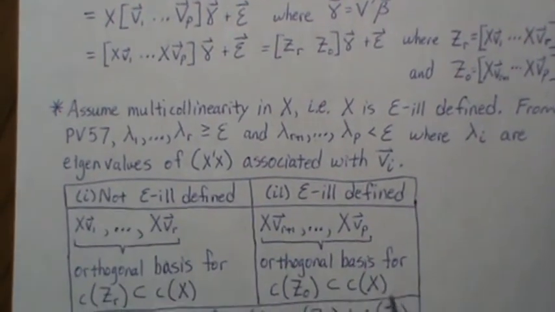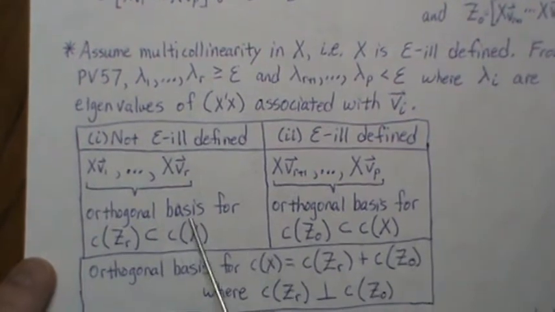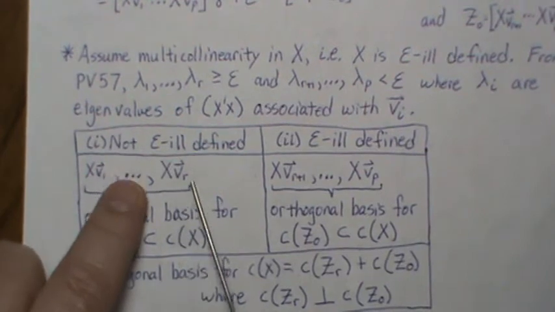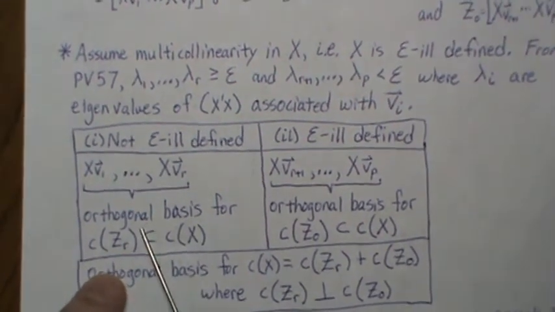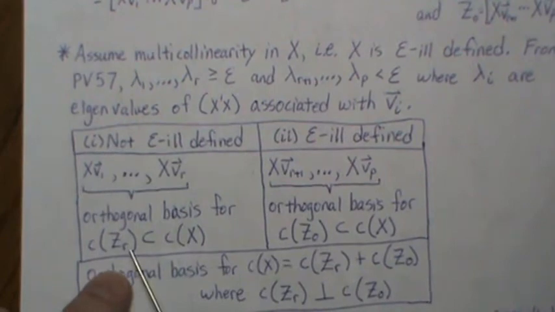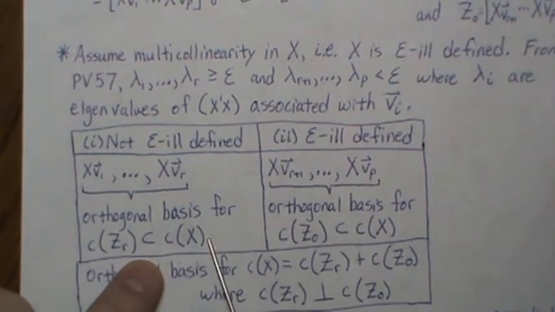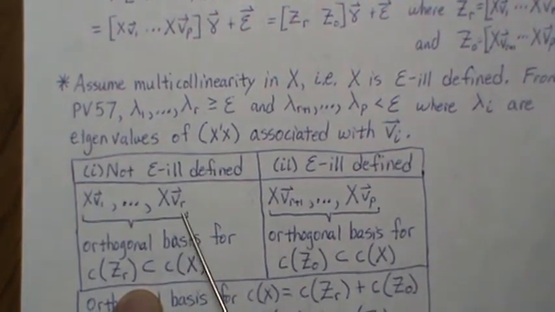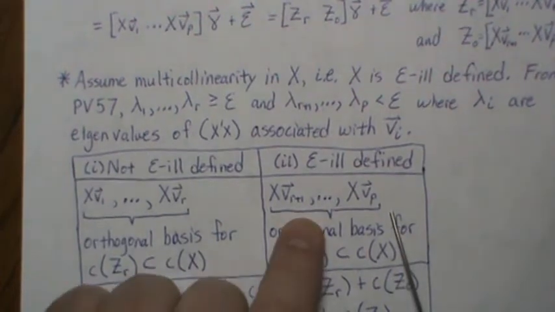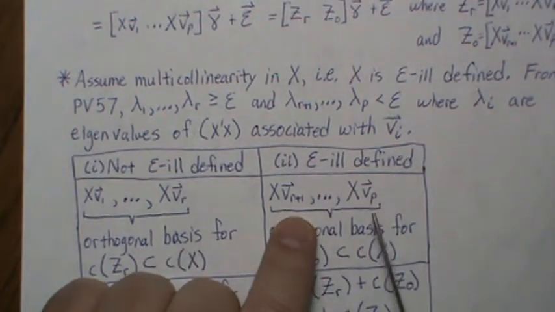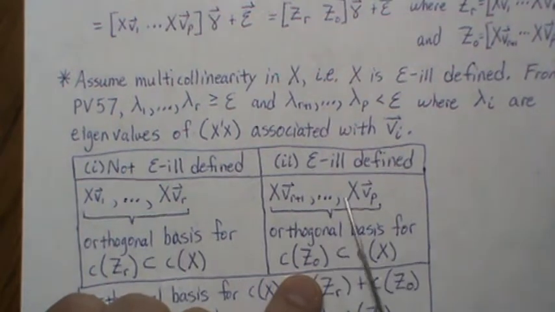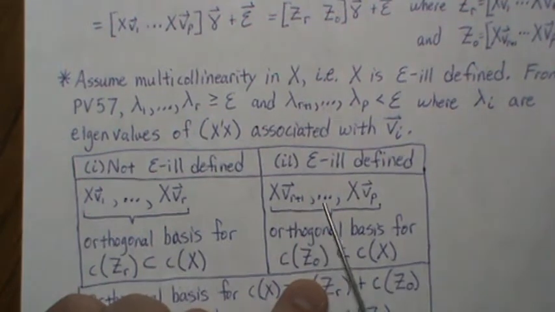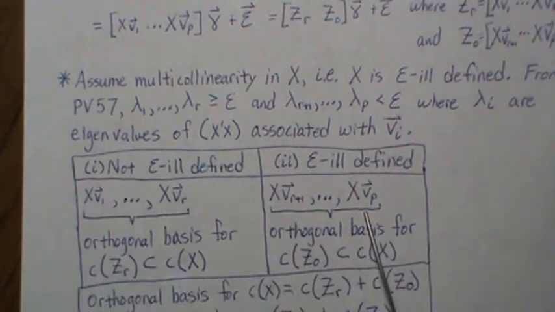Now in PV57 we showed that for these first r columns, none of these are epsilon ill-defined, and they form an orthogonal basis, which is a subset of the original column space of X. So none of these vectors, and anything spanned by these vectors, are ill-defined.